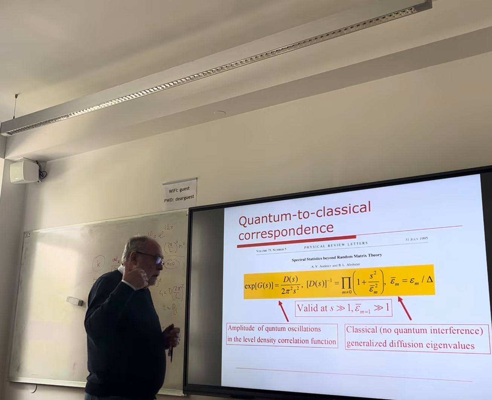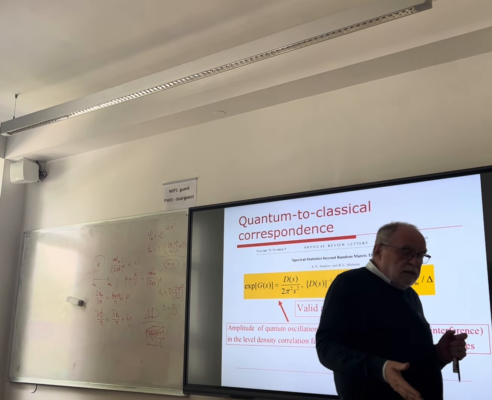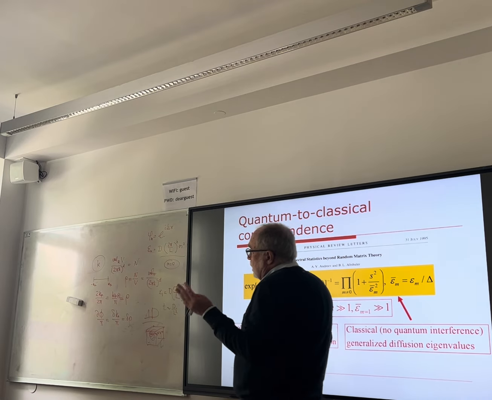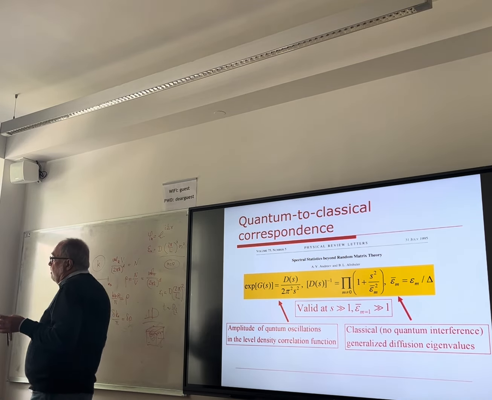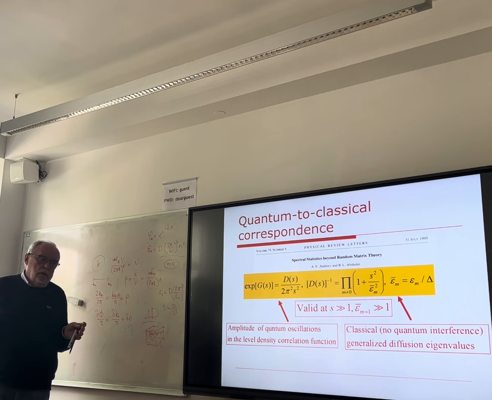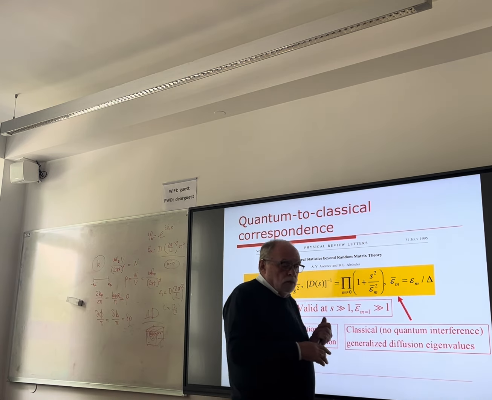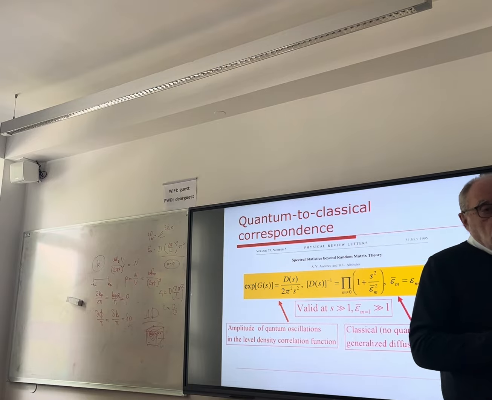And when this averaging happens, of course, unitary dynamics is gone. In other words, you can say that in the environment there is plenty of ungapped modes, and all these modes work to destroy quantum mechanics.